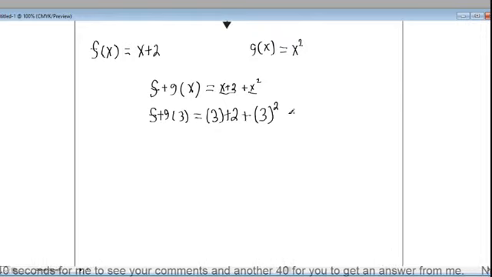So order of operations, of course, we want to do 3 squared, so 3 squared is 9. And then let's see, the only thing else we have left is add, so 2 plus 3, that's going to be 5.